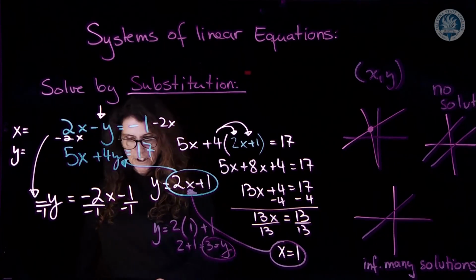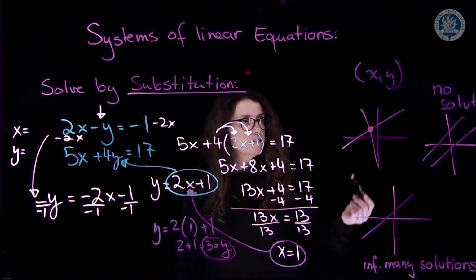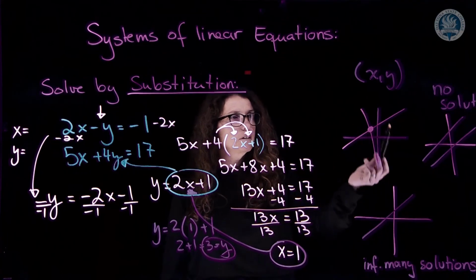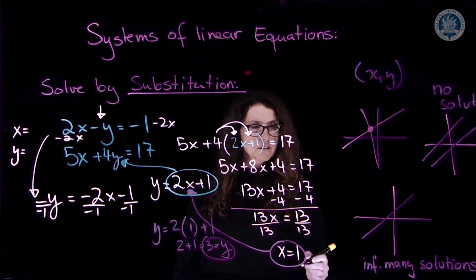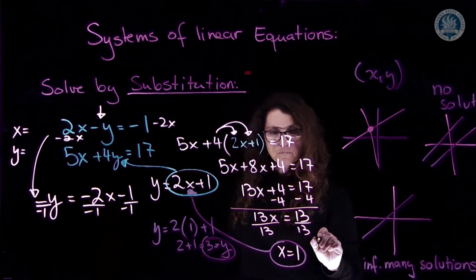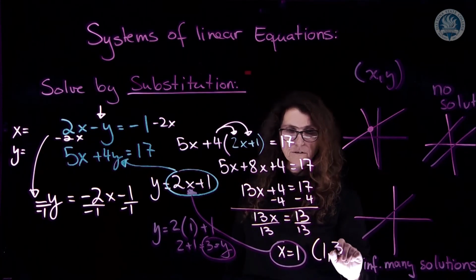Our ordered pair, in this case, again, this is a case where the lines do intersect, and the ordered pair would be (1, 3).